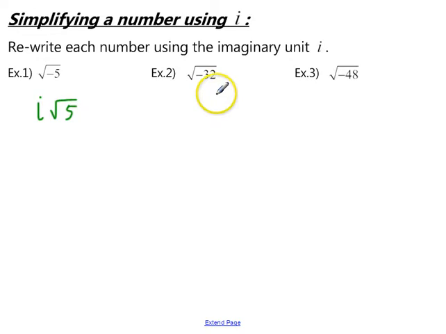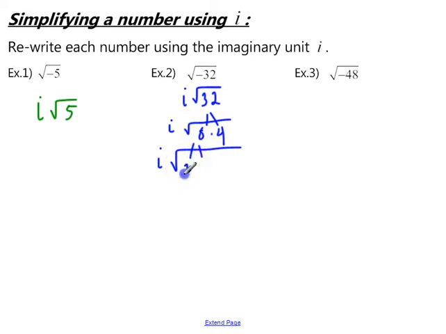This is going to take a little more simplifying. So we want to break this down. First, we know that we're going to take out the i, that -1, and we have the square root of 32. But we want to simplify this exactly the same way we've been simplifying. So we have i, and then inside that square root of 32, we want to break this down. We have 8 times 4, and then we want to keep breaking it down. 8 is equal to 2 times 4. 4 is equal to 2 times 2.